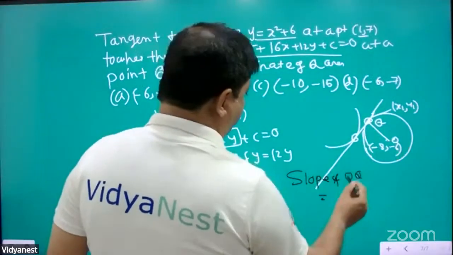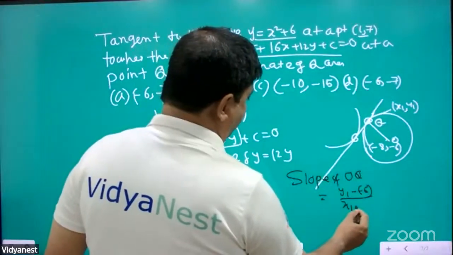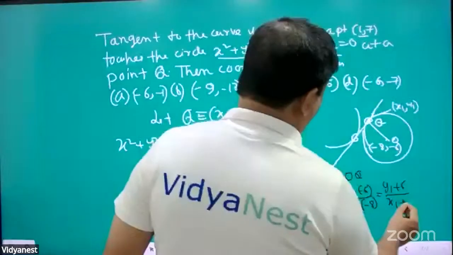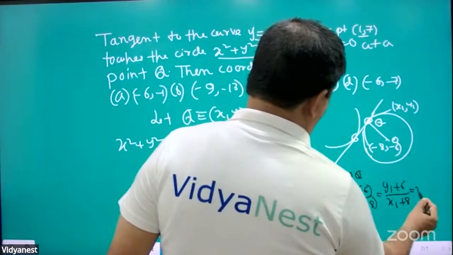Therefore, the slope of OQ is y1 minus of minus 6, over x1 minus of minus 8, that is y1 plus 6 over x1 plus 8. That is m.